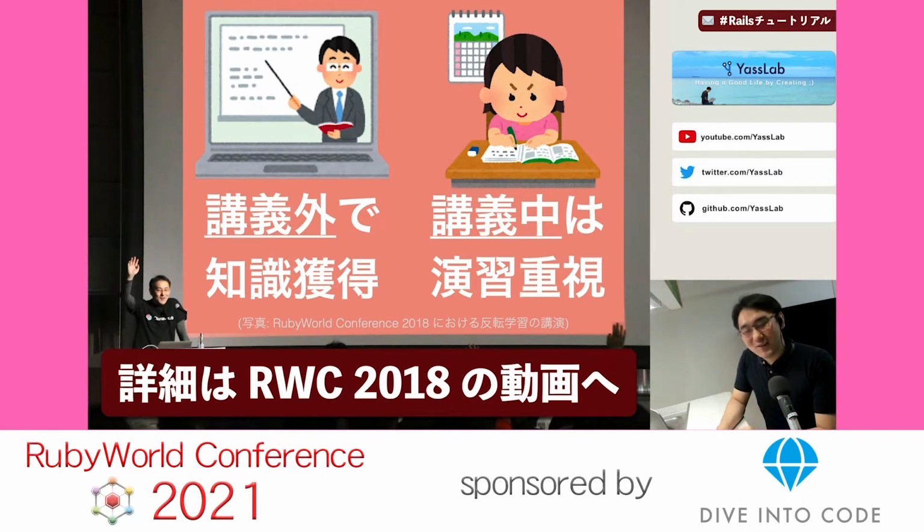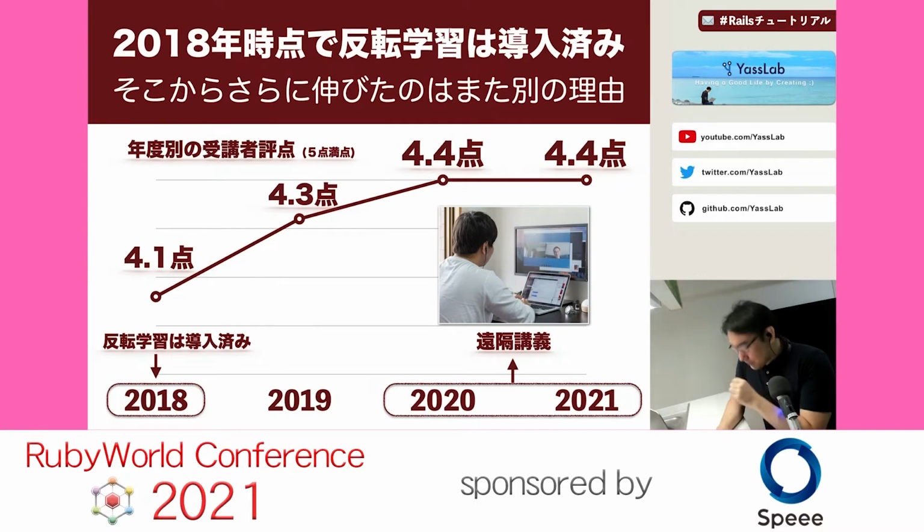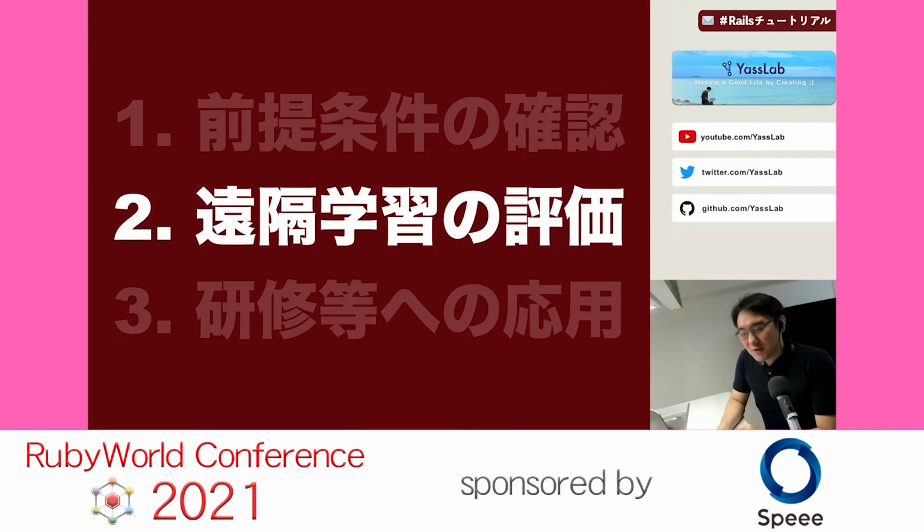But anyhow, it's not the main topic for me today. If you're interested, please check the RubyWorld Conference 2018. In the Rails tutorial, we adopted the flipped classroom in 2018, and the evaluation score at that time was 4.1. So there was some other reason that the evaluation improved.